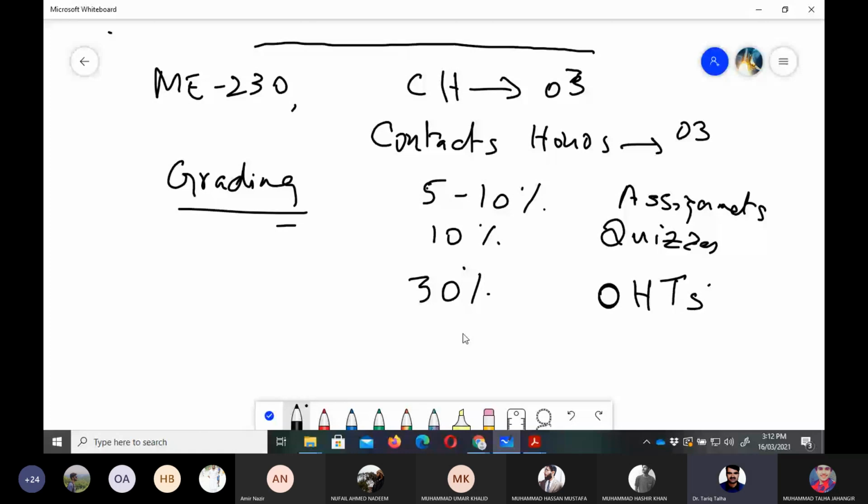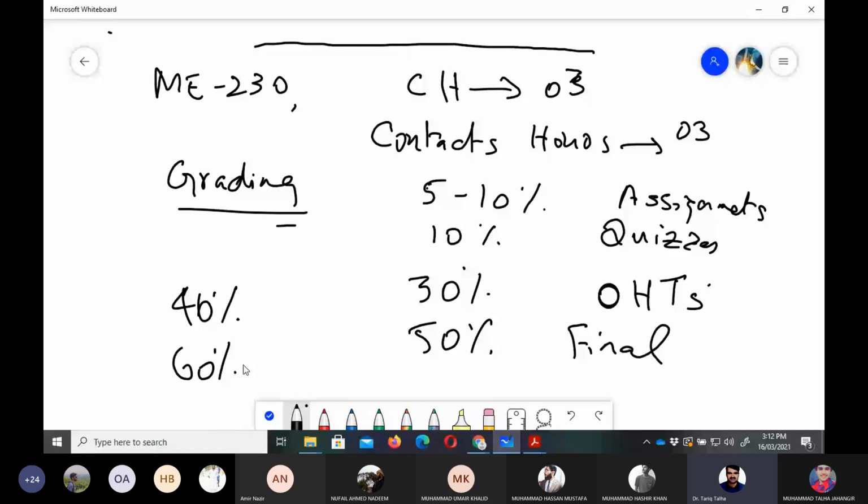But if we have to persist in this DL mode, then maybe it would be 40% for the assignments, projects and quizzes, and 60% for the final, which was done for the previous semester, which has just concluded. Because things are not clear at the moment, but you need to keep in mind that the grading should be like this.